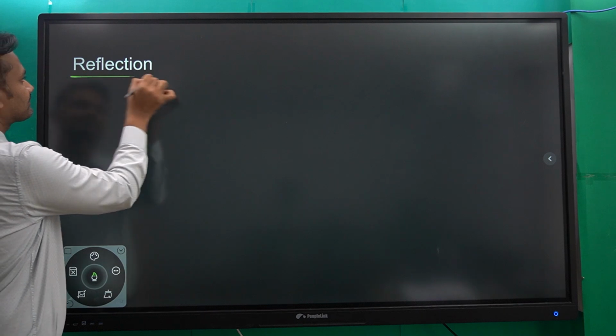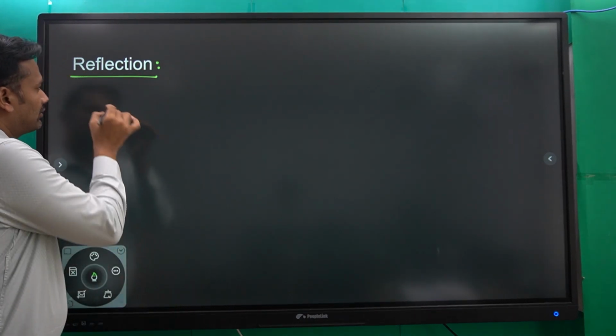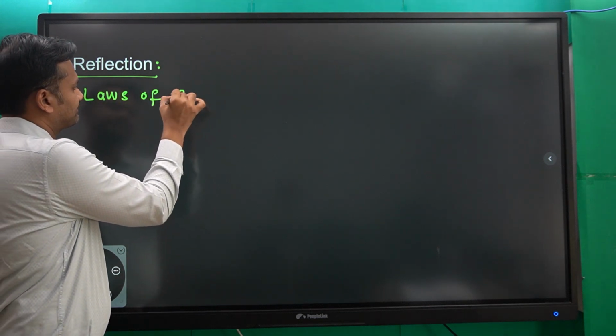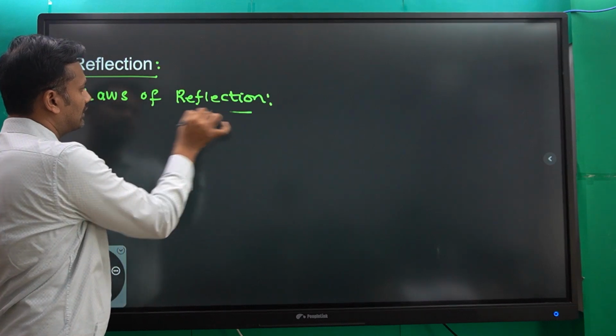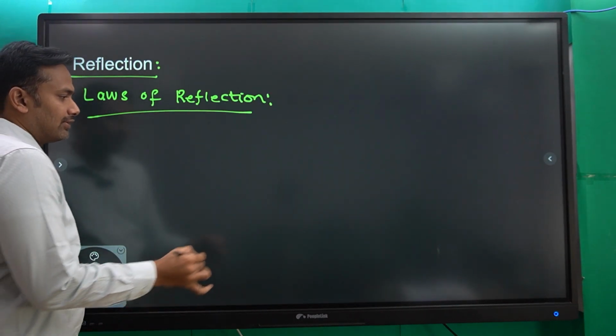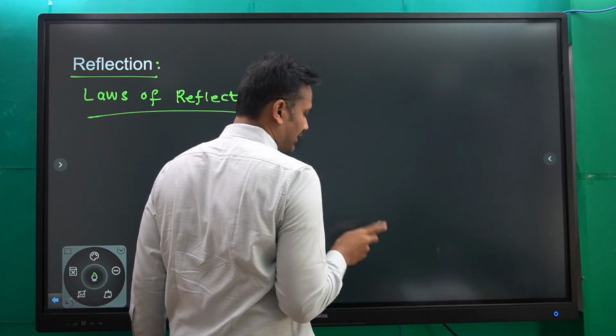So we know the laws of reflection. Let us consider there is a plane mirror.